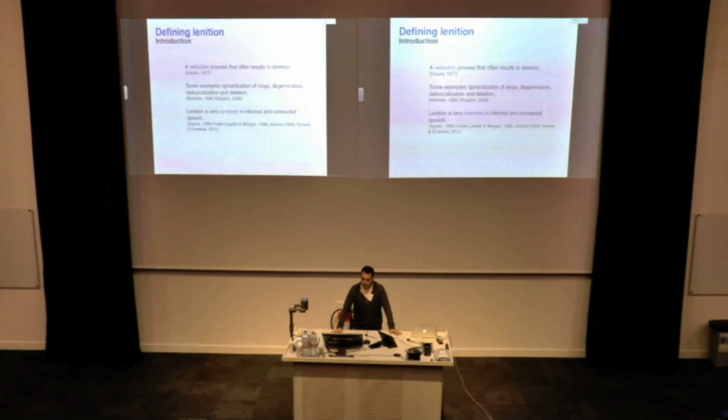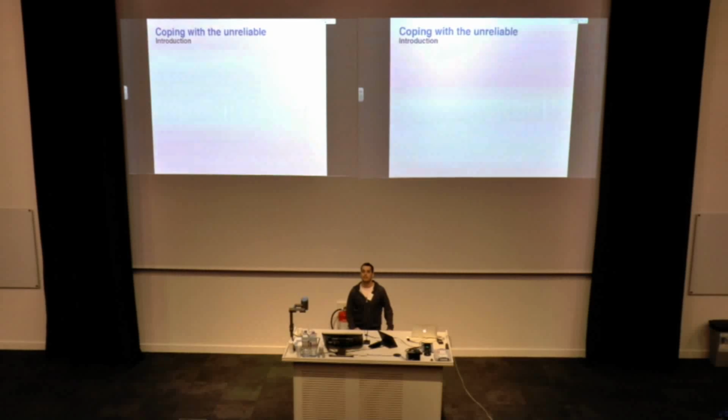And then it's very interesting to realize that lenition is very common in informal and connected speech, which is the variant that is most typically used by everyone. So the question that follows is how listeners deal with information that is not very reliable from the signal, when sometimes the acoustic evidence is not very clear or just absent.